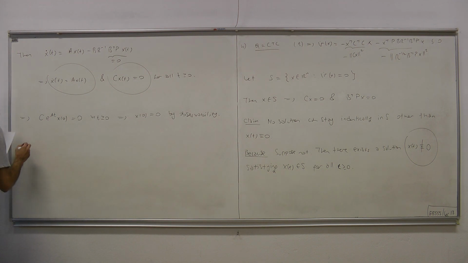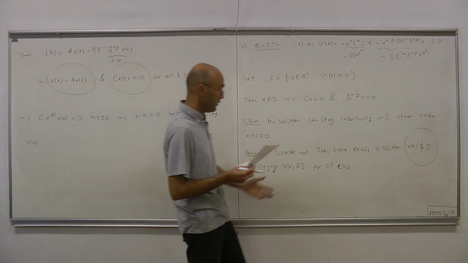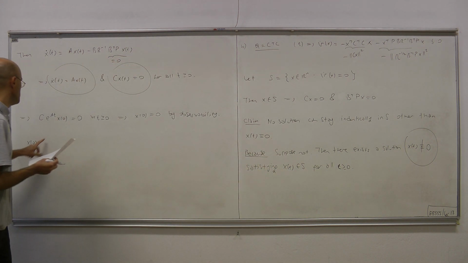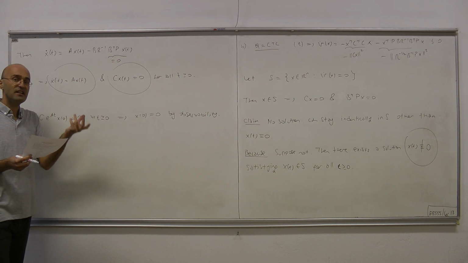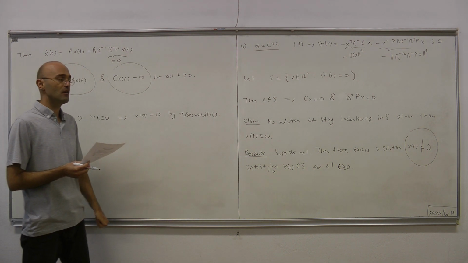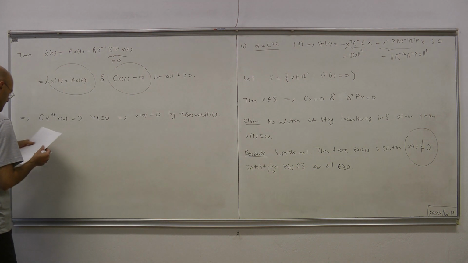Now we know that the initial condition of this special solution, whatever it is, that resides in S for all times, is 0. Now, this is a linear system, so that means if you start from the origin, you will remain at the origin at all times.